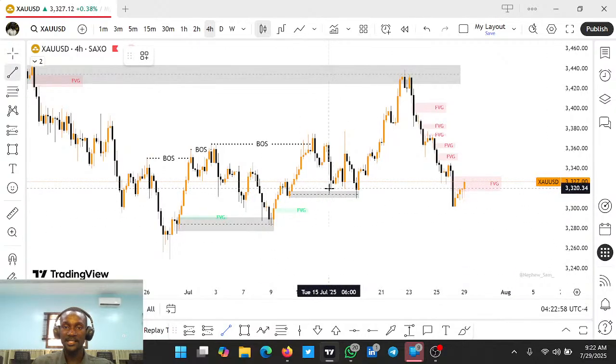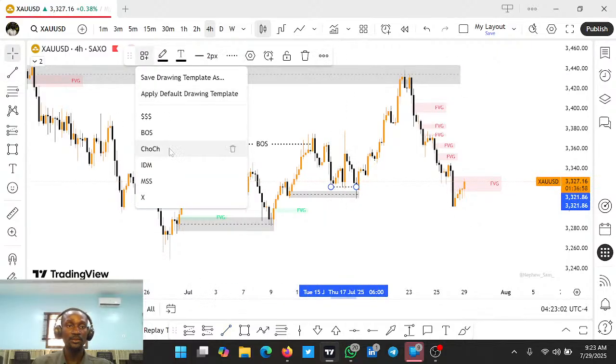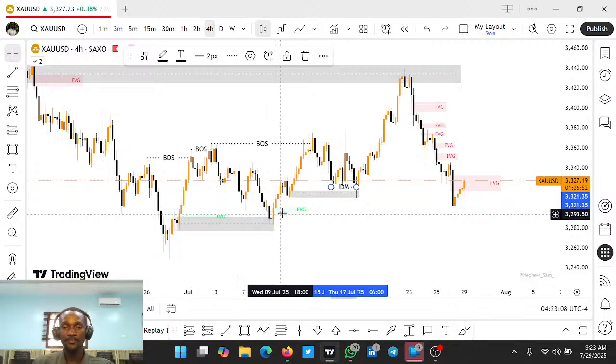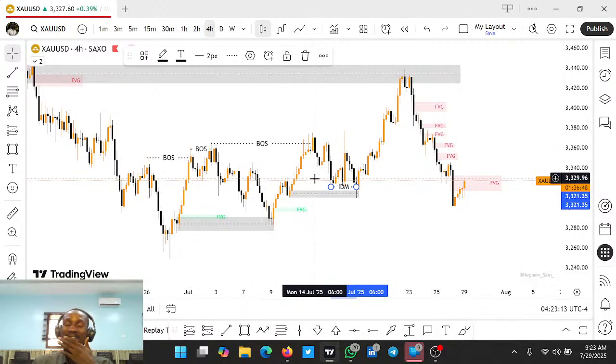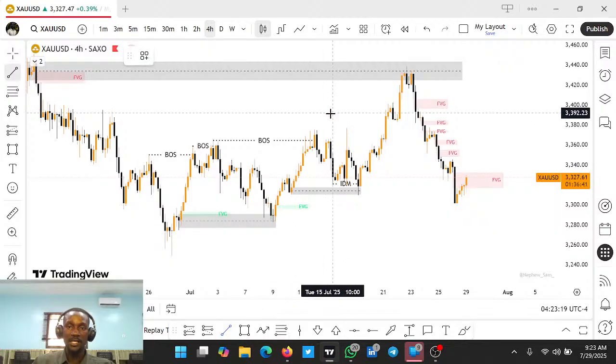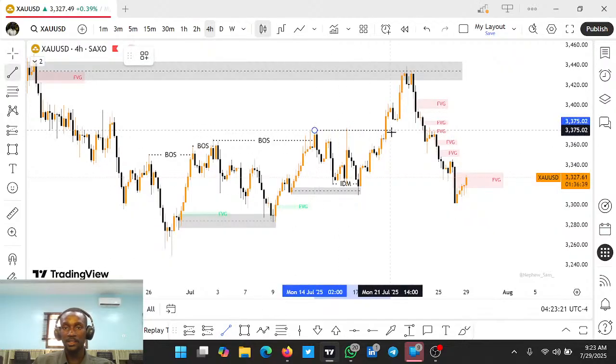Because there's a demand, there is an inducement around this level. So there's an IDM around the zone. So instead of the market using this level as a PO high, the market used this zone as our PO high because of this inducement here. Then we have another break of structure to the upside.